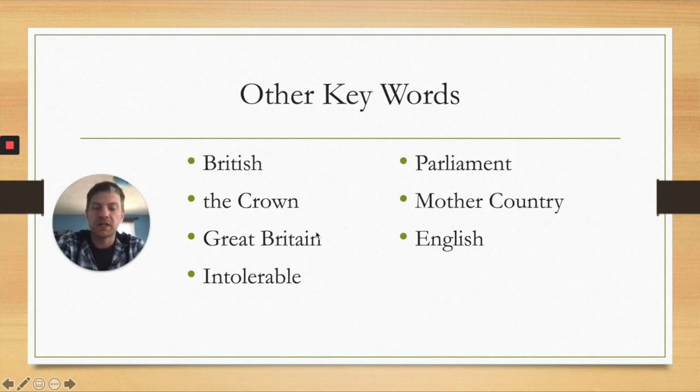Great Britain is basically another word for England, and therefore British and English pretty much mean the same thing. And when the text refers to the mother country, it's talking about the country of England. So that still leaves this word intolerable and parliament and the crown as words that we're not totally sure about.